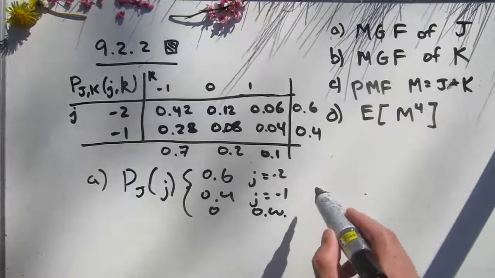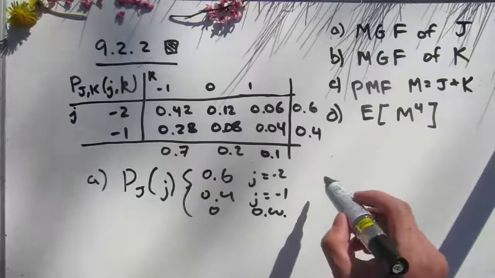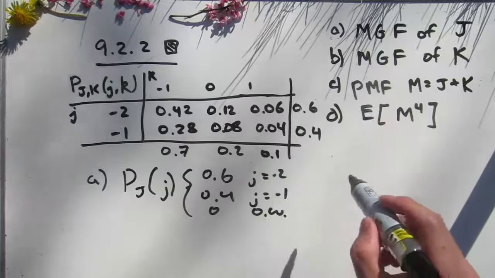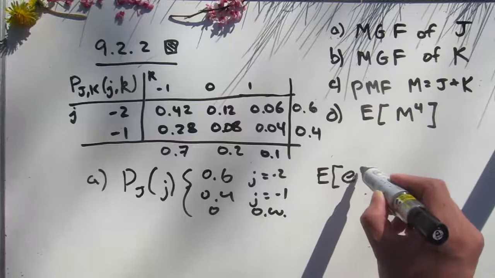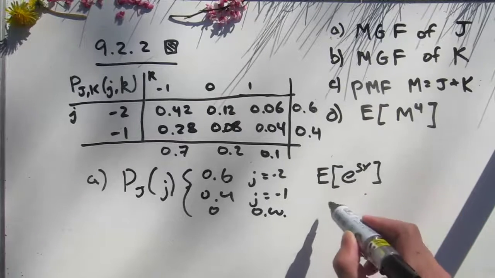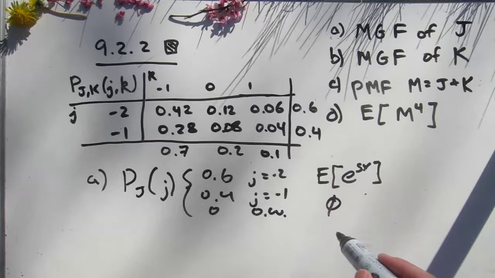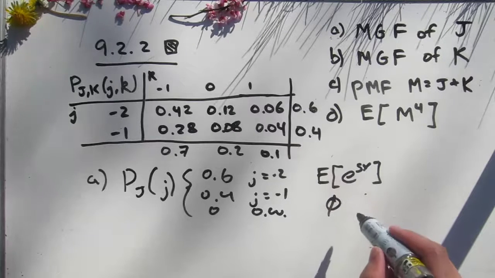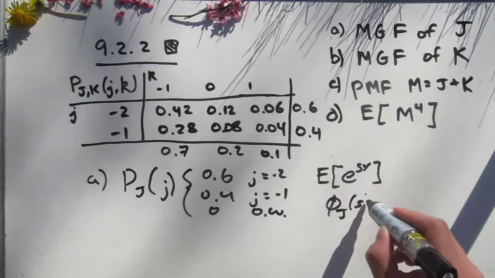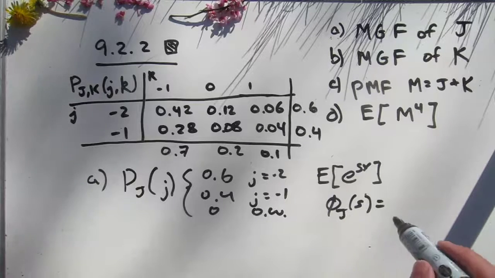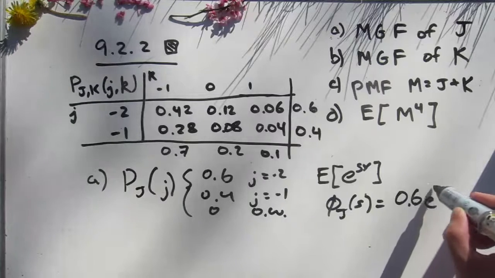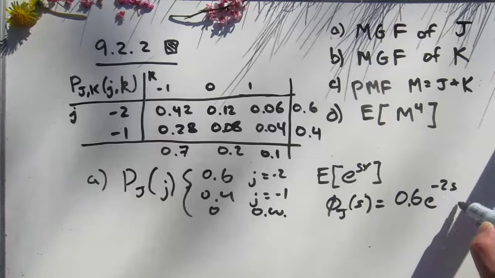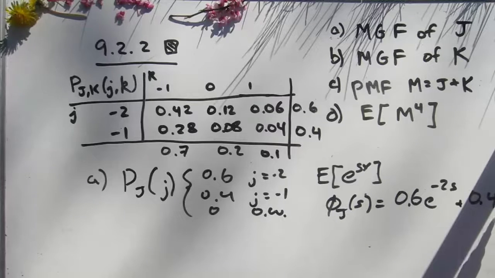So from this PMF, what is the moment generating function? Well, it is the expected value of e to the sJ. So we write the function as phi subscript j in terms of s, kind of like the Laplace transform. So it's just 0.6 e to the minus 2s plus 0.4 e to the minus s.